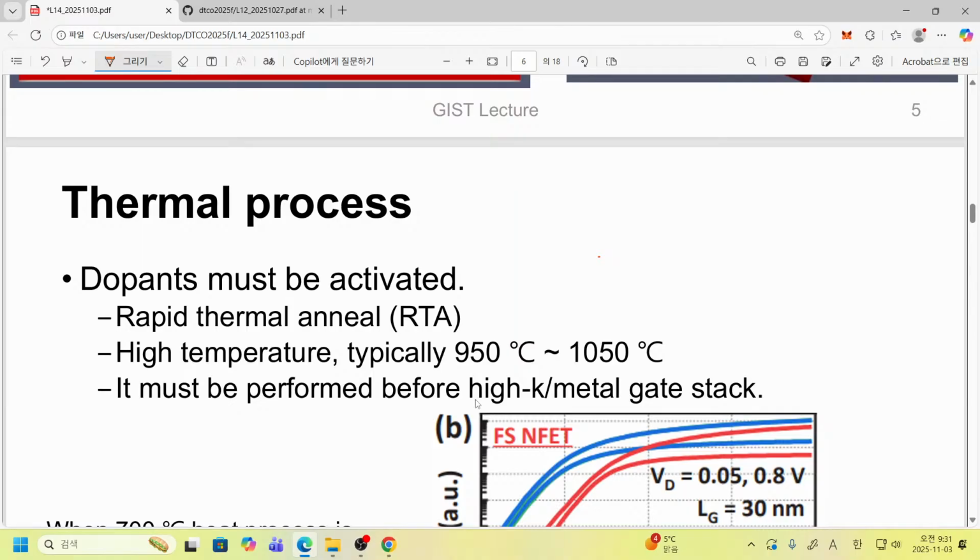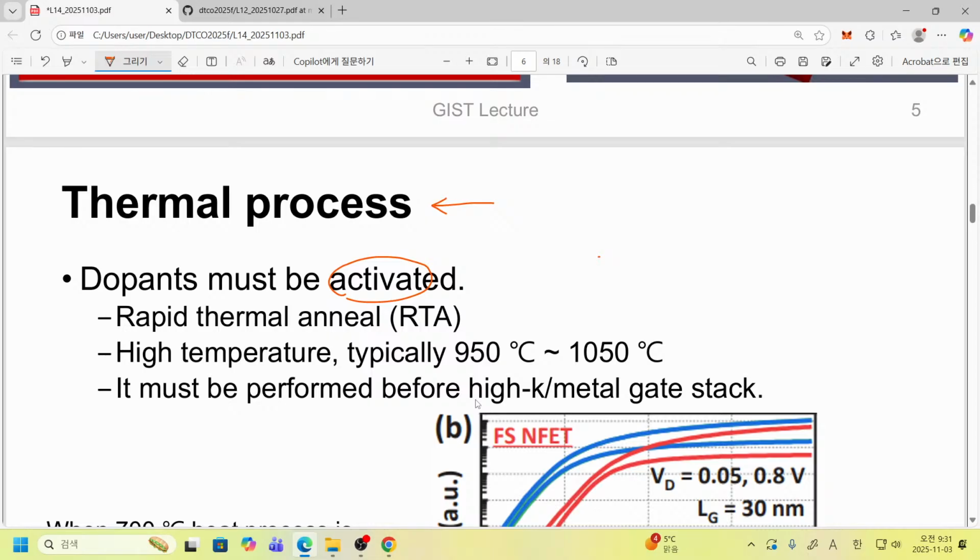So by applying quite a high temperature, large heat, we can allow these atoms to realign, and quite naturally some impurity atoms move into those substitutional sites. That is called activation of a dopant.